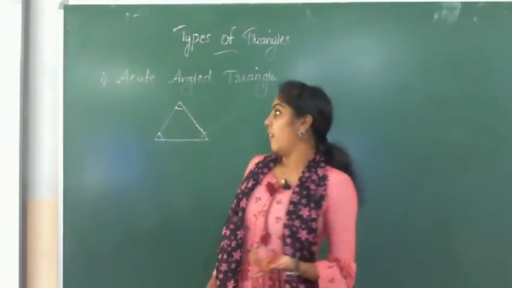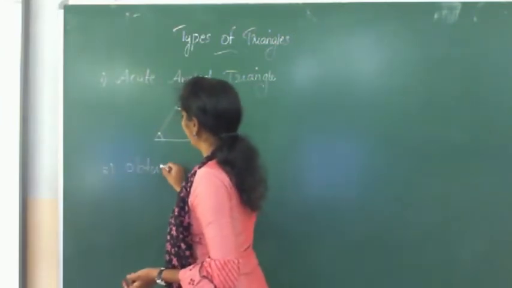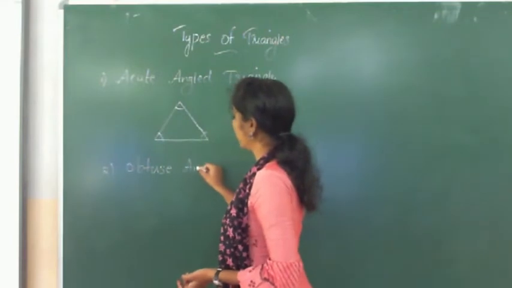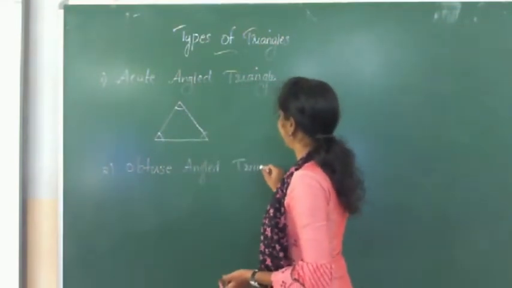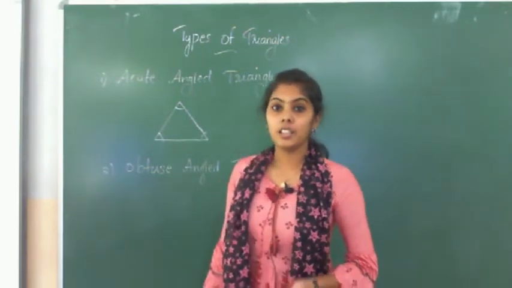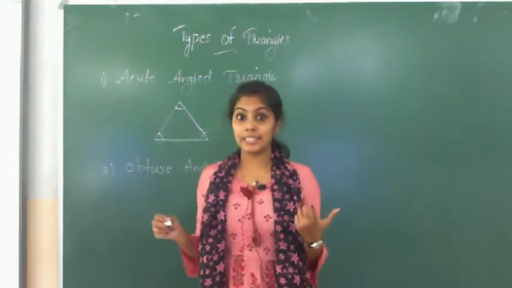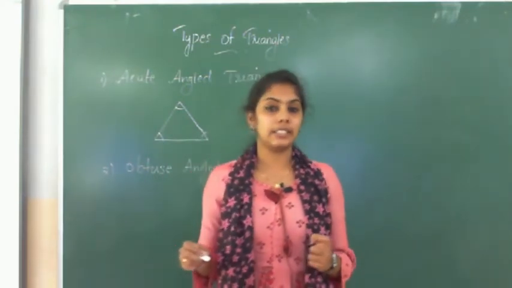Second one, obtuse angled triangle. An obtuse angled triangle means one angle should be an obtuse angle.